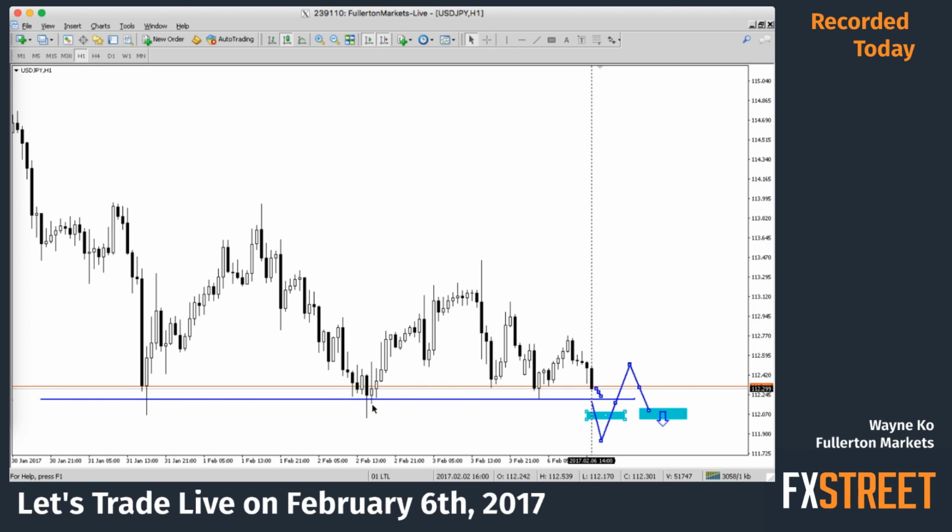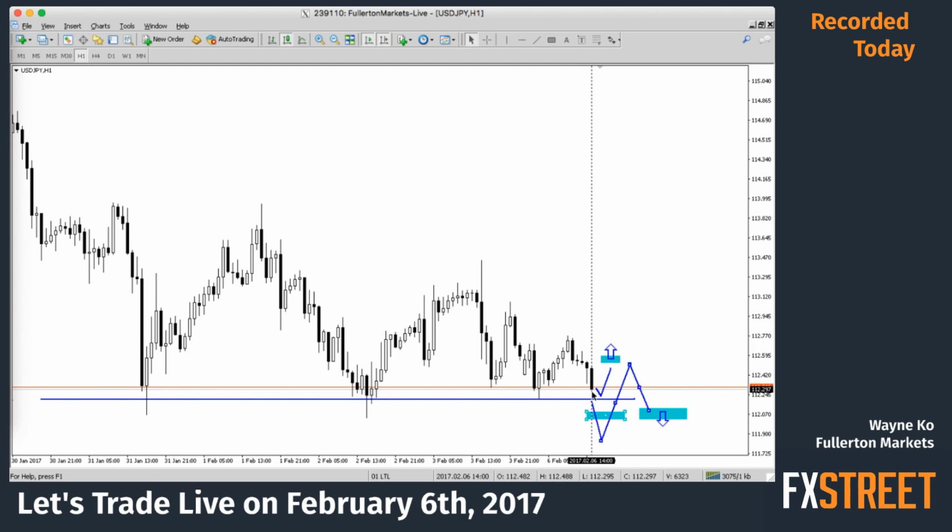The shadow just crossed the support, and then bounced back up again. Then possibly, if the candle closes into the blue box or higher, it is possible to consider to go long.